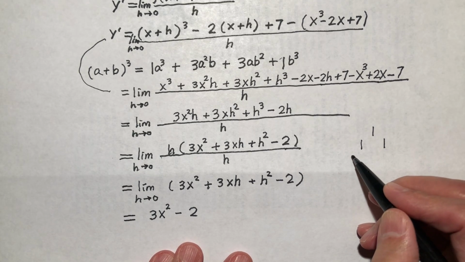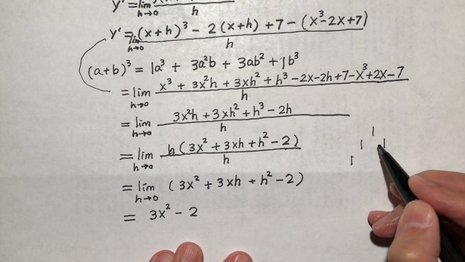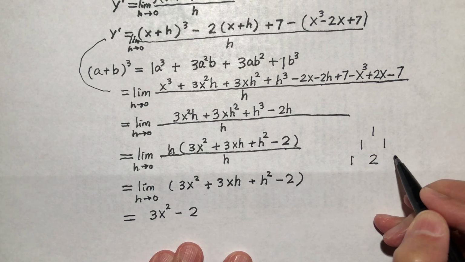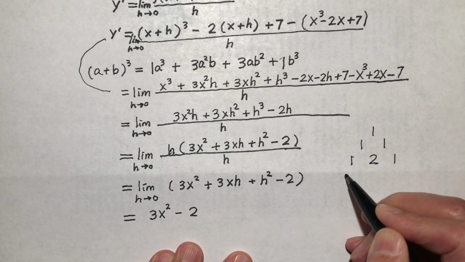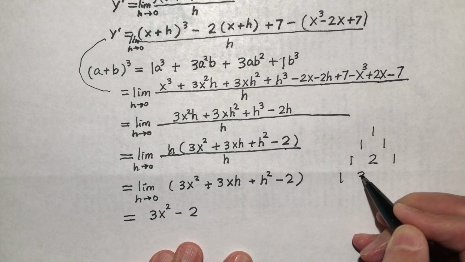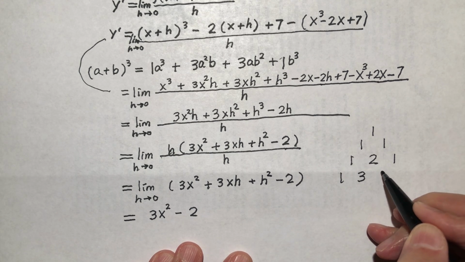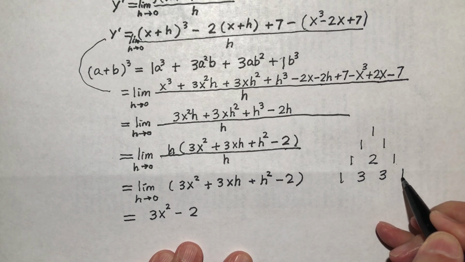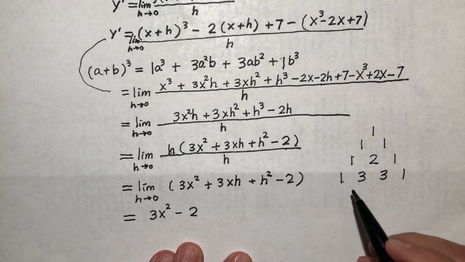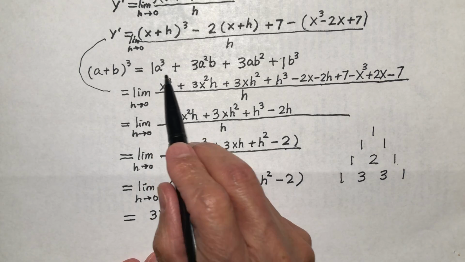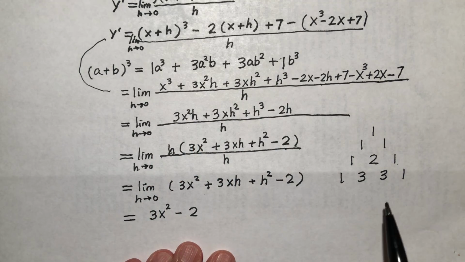And then you start with 1, and then 1 plus 1 is 2. So it's 1, 2, and you have 1 here. And the next line is 1. 1 plus 2 is 3. 2 plus 1 is 3. And 1 here. 1, 3, 3, 1 is right here. This is called Pascal's triangle.